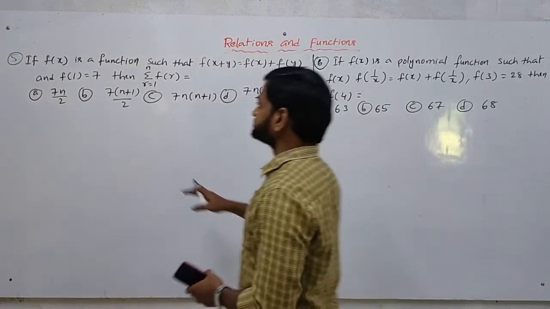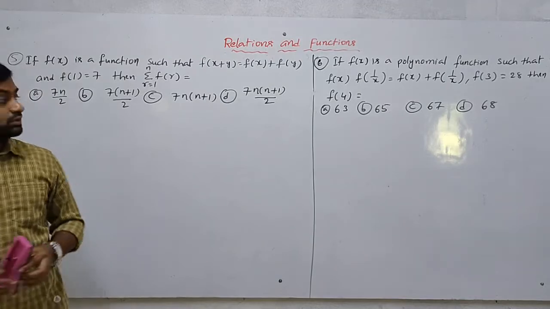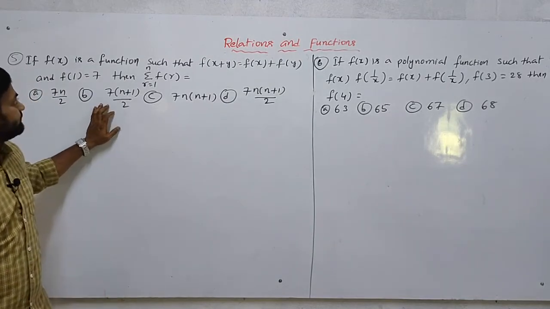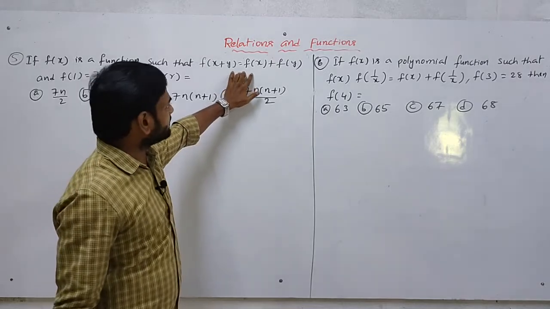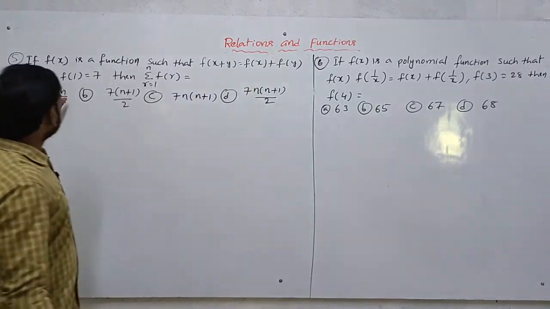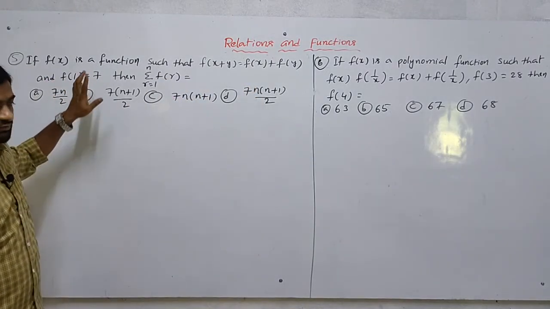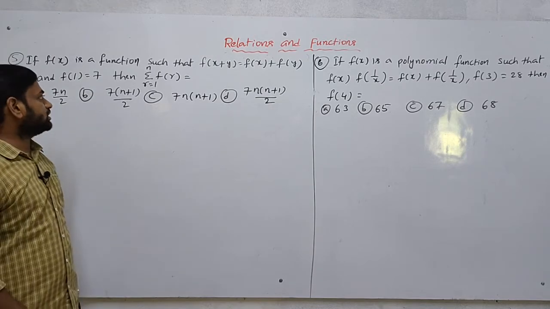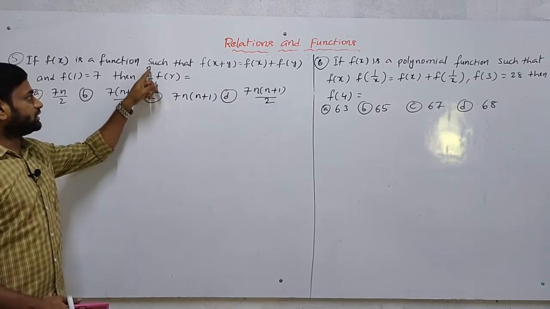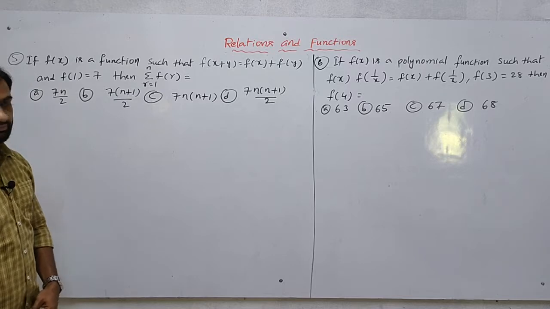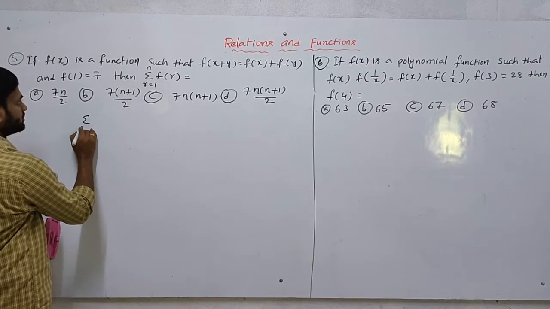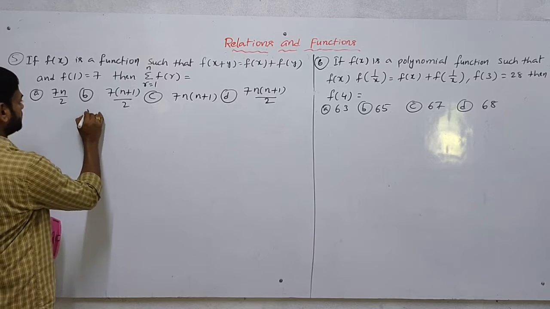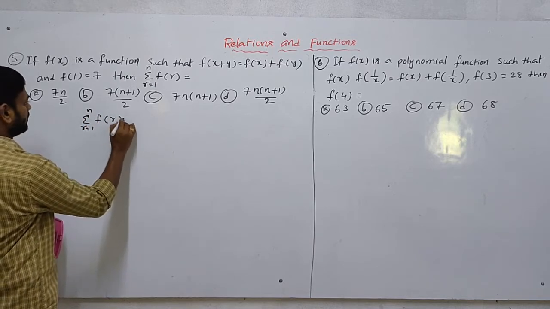See the next problem is, if f of x is a function such that f of x plus y equals f of x plus f of y, and given f of 1 value is 7, then summation of r equal to 1 to n f of r value we have to find. Now see, the expansion of this one is summation of r equal to 1 to n f of r.